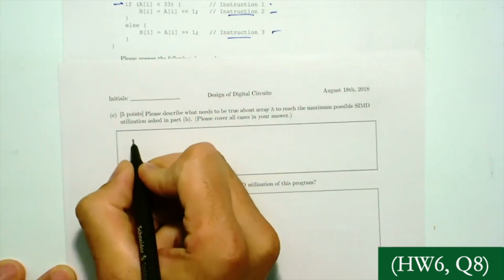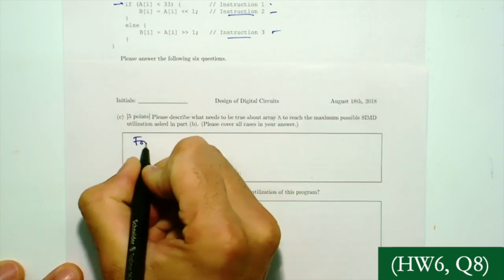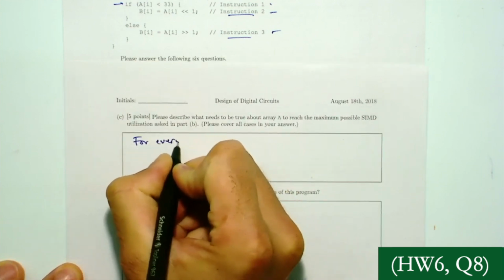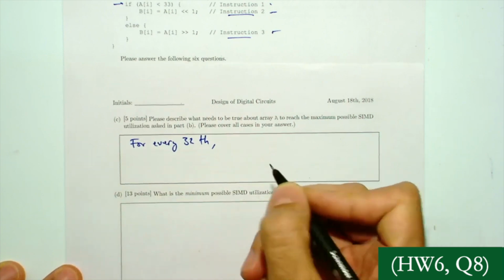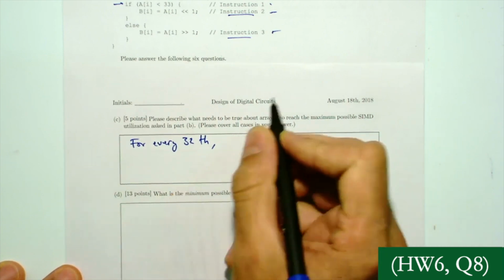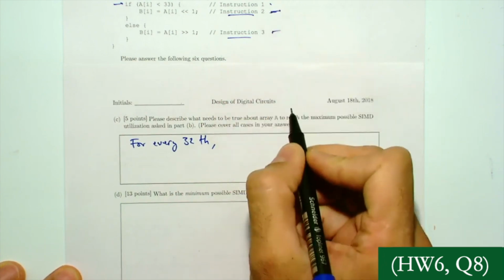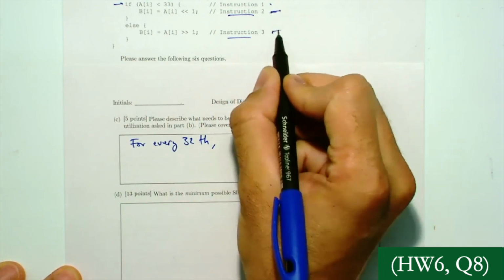So the right answer here is that for every 32 threads, they all will execute instruction 2 or instruction 3.